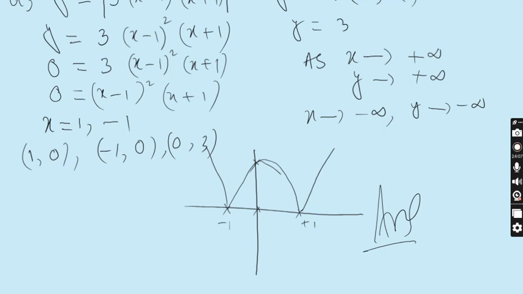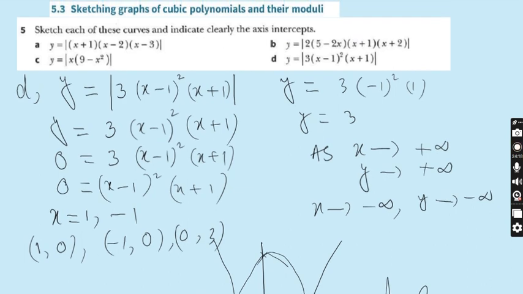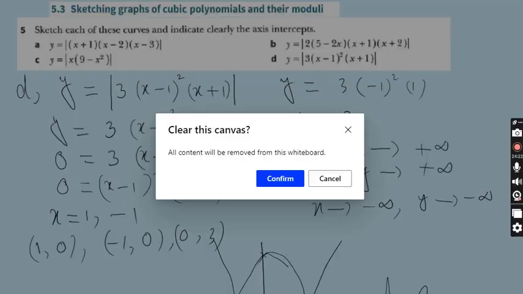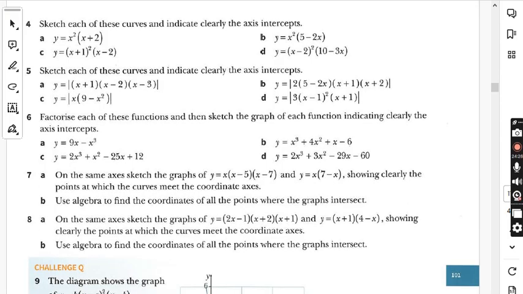So students, hope you understand question number 5 completely, all parts. There were total D parts, and we did all parts. Now move to question number 6.